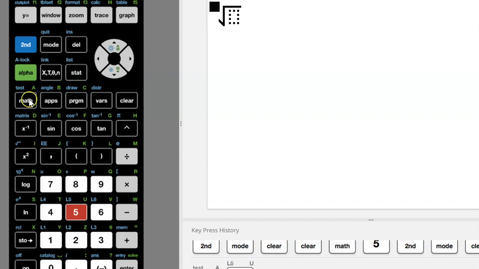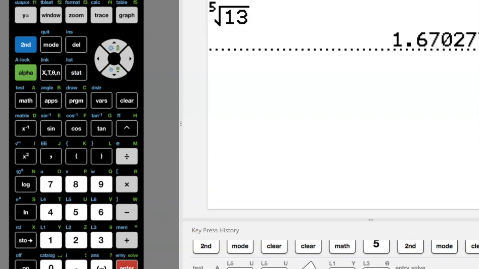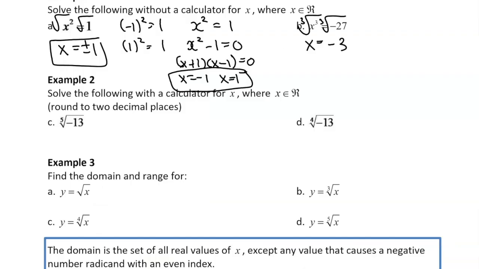So right here, we want the fifth root, so my index is 5. I'm going to press to the right, and then I get my 13 right here. If we do something like that, then we should be able to get an answer of 1.67. Okay, so let's go back here and see what we have. So we'll say this was negative 1.67.